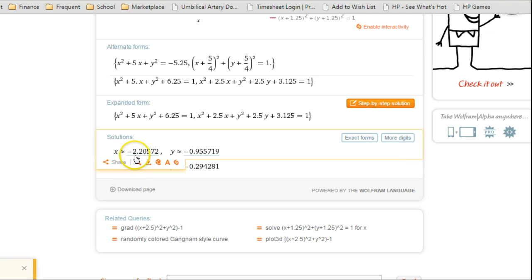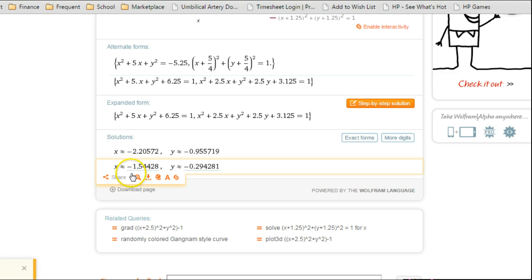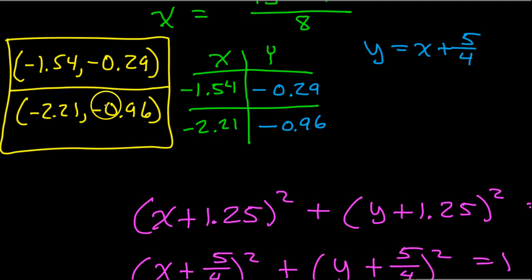So what I'm seeing is negative 2.2 and negative 0.96. Oh shucks. Check it out. And then do we have the other one as well? The negative 1.54 and the negative 0.29. Nailed it.